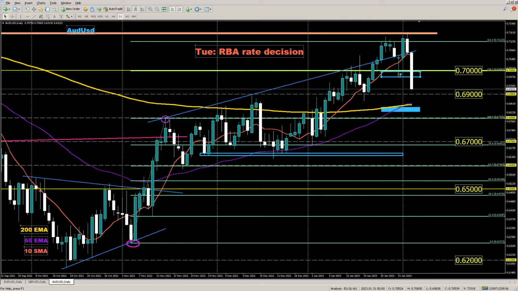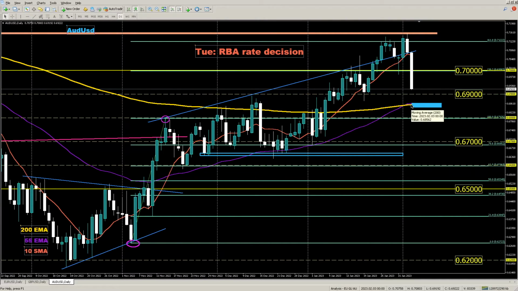Let's remove that now. And so the next key support is into this 200 EMA and the 55 EMA converging.